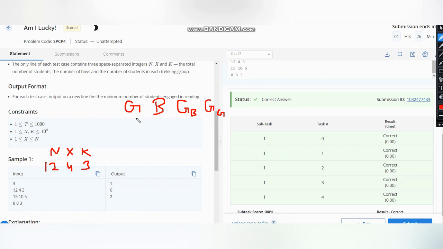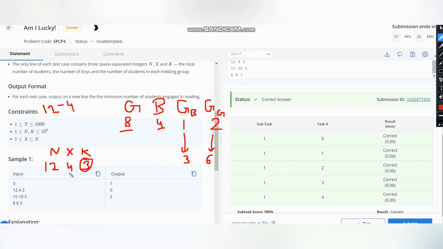Total girls are 12 minus 4, so it comes out to be 8. We have 8 girls, 4 boys. And what is the group size? 3. So for group size 3, only one group of boys. And how many groups of girls? 2 groups of girls. So here 3 boys are occupied. Here 6 girls are occupied.